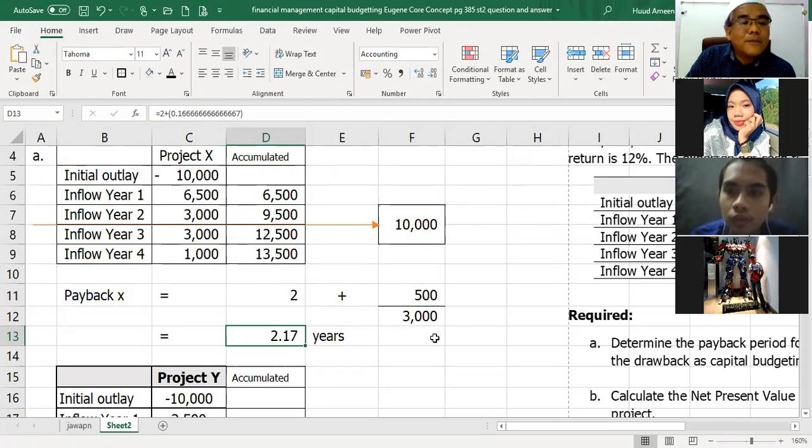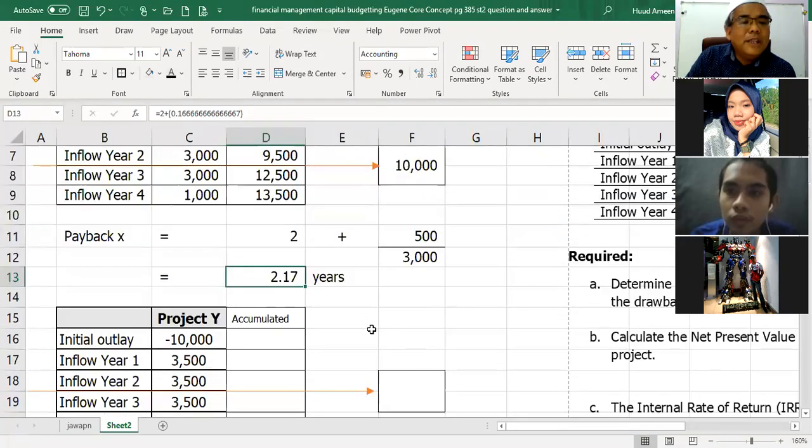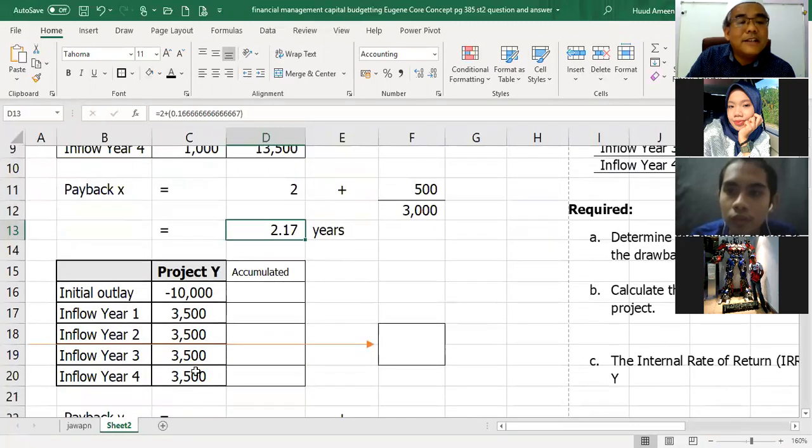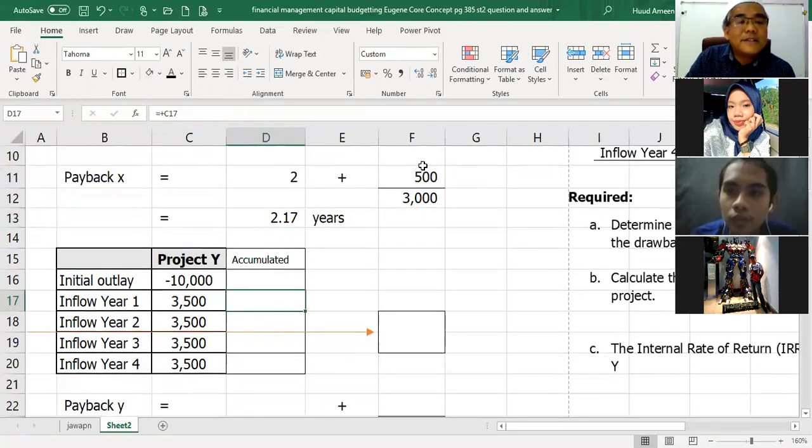And for project B, you also invest 10,000, with the same amount of 3,500, and the same calculations, the same step. 3,500, and then you plus 3,500, you get 7,000. Then it's not enough to cover 10,000.